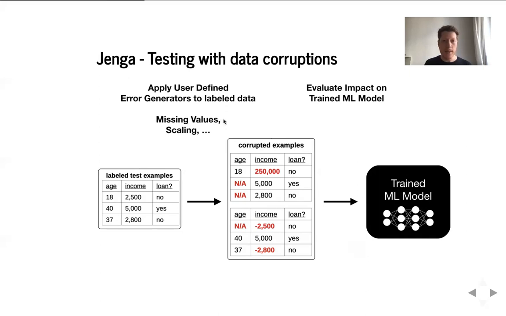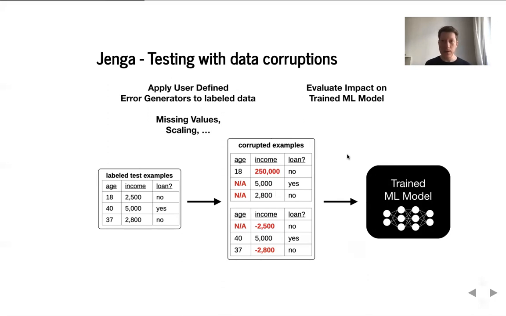Now we apply some missing value corruptions and scaling, and we instantiate different corrupted data sets, where each version has different values missing in the age column and different numbers scaled in the income column. And then we evaluate the impact of those corruptions on the performance of your trained machine learning model.